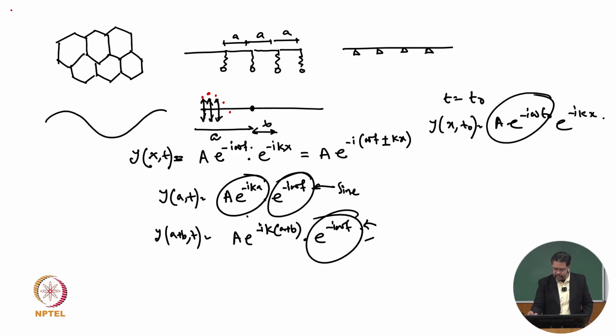Here this is my amplitude type term, and this becomes my oscillation in space. So there are two things: how it is oscillating with time, and how it is varying with space. Both we can see in a very nice manner. All of you agree with me? Any doubt?